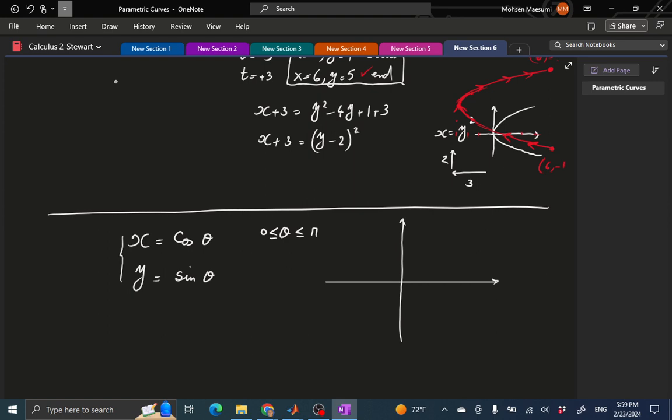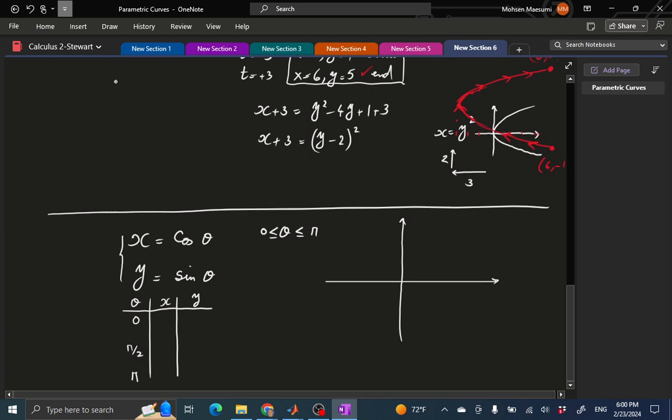So what do we do to see what's happening? We might as well make a table. So here my table has theta and x and y in it. We might start with very friendly angles, 0, pi over 2, and pi. Later on we might get more ambitious and put more angles in between.